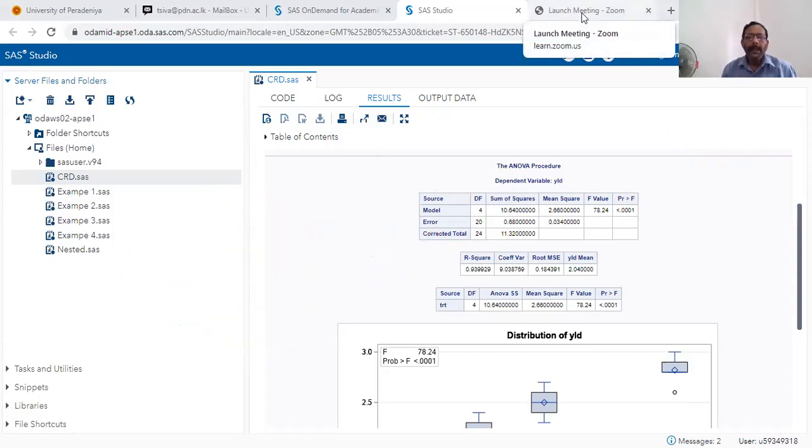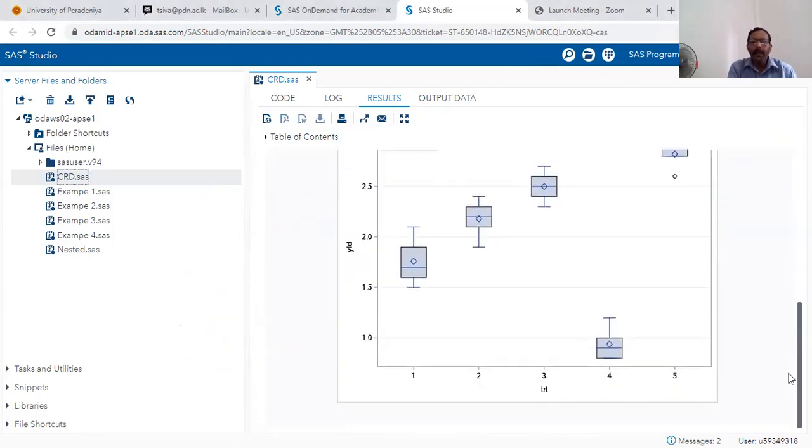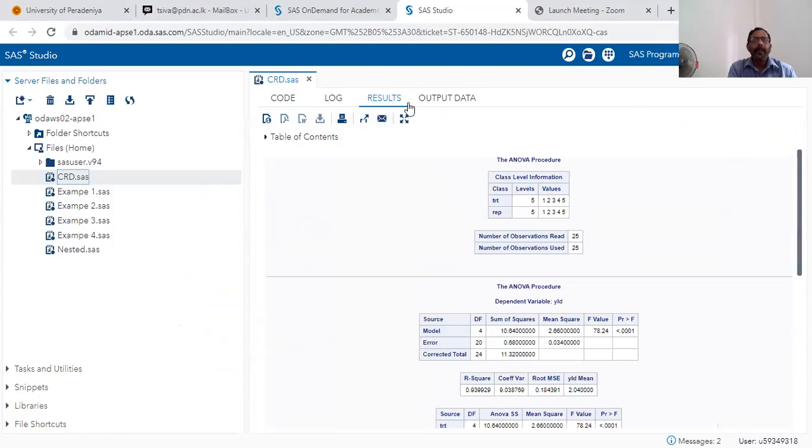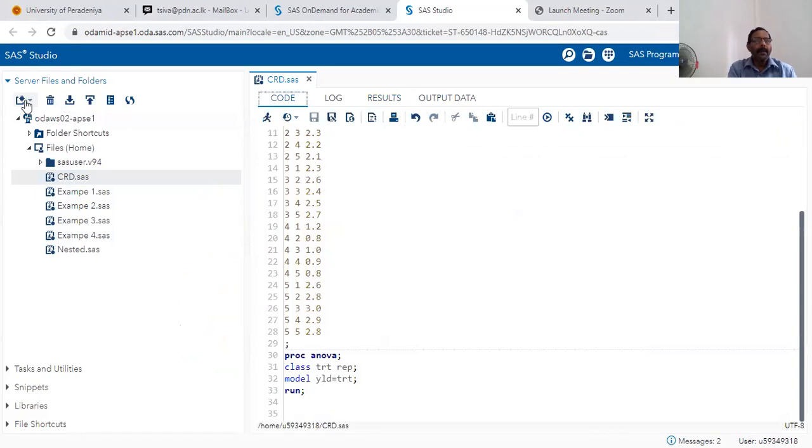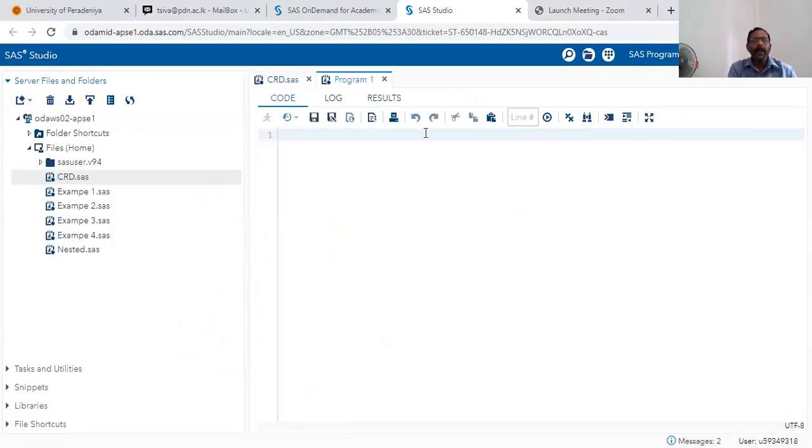Any questions? We will go to the next one. Any questions? Right, I will start with the new sheet. We will go for the next one.